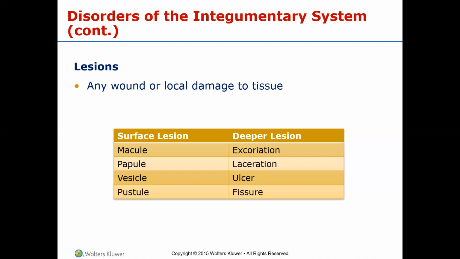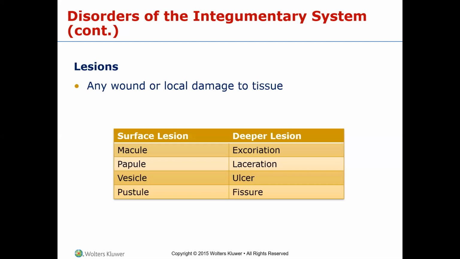Some of the things that occur with a vesicle, these are fluid-filled sacs, and they are found with chickenpox and shingles as well. And then, of course, we have the pustules, which are a vesicle that's filled with pus. It has become infected. And then some of the other deeper lesions are excoriation, which is a scraping of the skin.